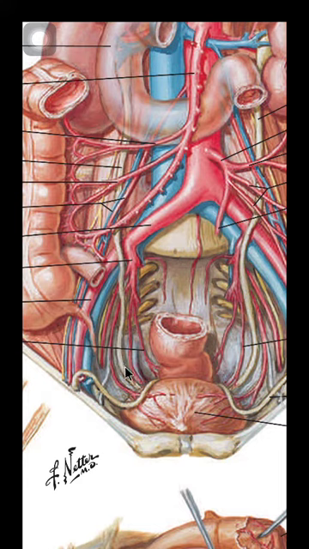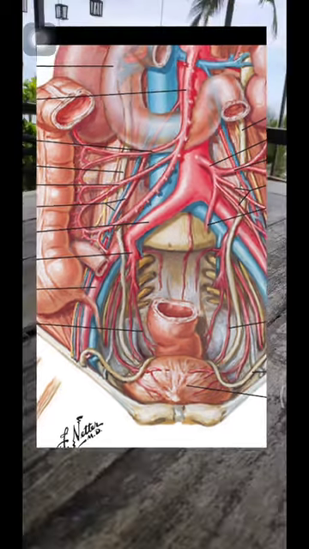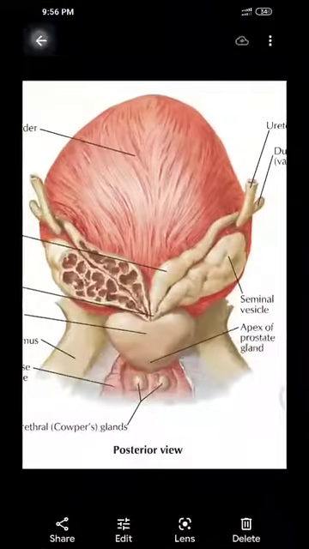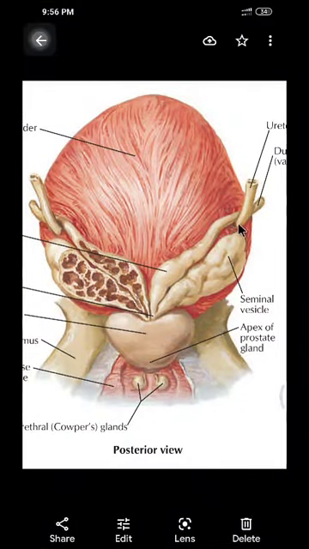Now, at the lateral angle of the base of the bladder, we have to go to a different view. This is the lateral angle of the base of the bladder. This is the ureter. Here, the ureter will be crossed above and medially by the vas deferens, and below by the upper end of the seminal vesicle.